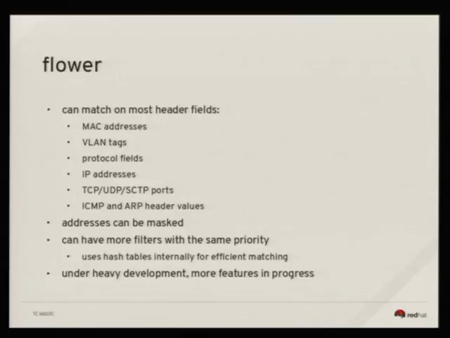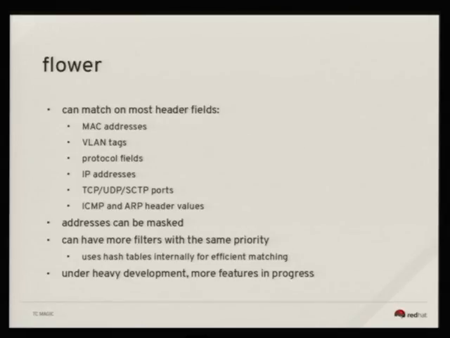And for efficiency, and this is quite interesting, with flower, we can add more filters with the same priority. What would happen? For example, the most interesting case would be that we try to match on an IP address, and based on the IP address, we want to do different actions.